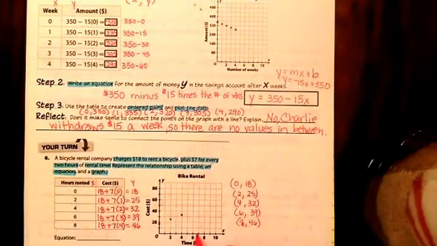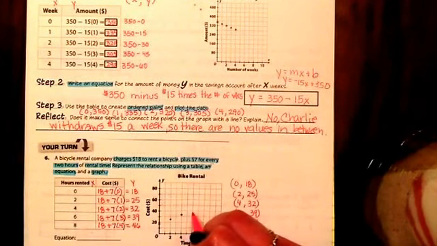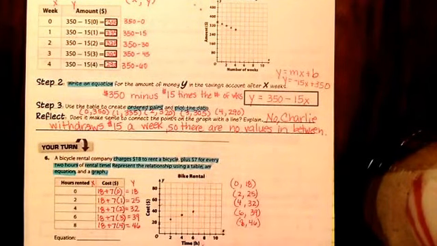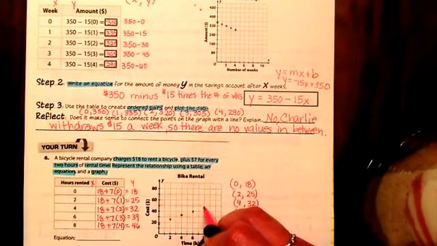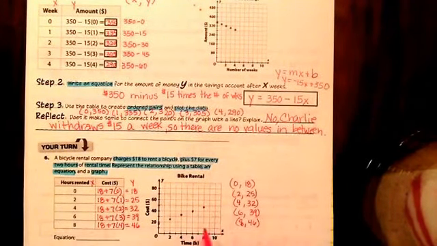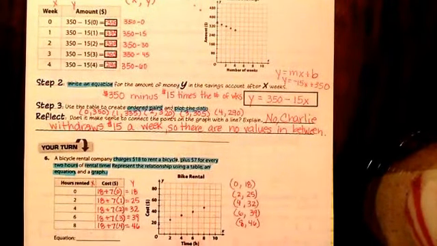At 6, we are at 39. At 8, we're at 46. And yeah, that was the last one. Okay, so they should make a straight line.